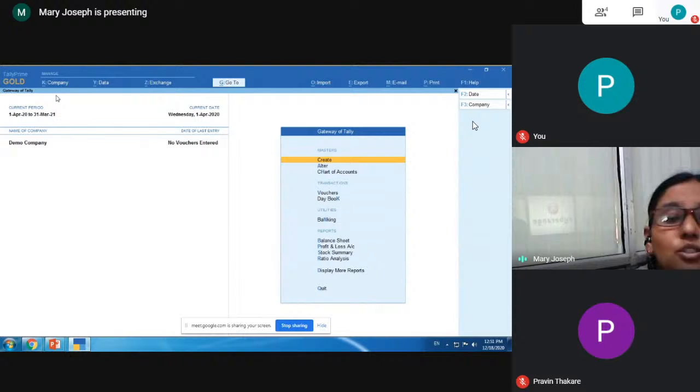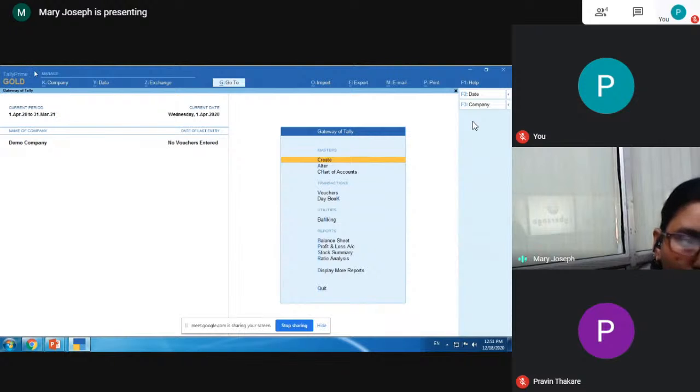This is the Tally software, Tally Prime. You can see the screen here. The topmost bar is called the top menu, a dark blue color strip at the top of the screen.